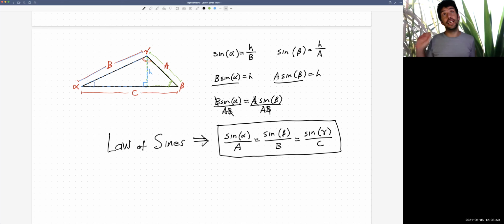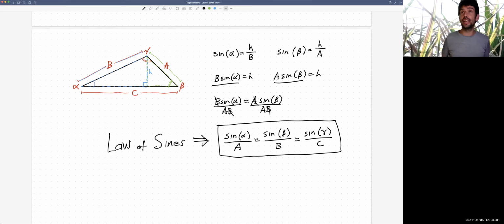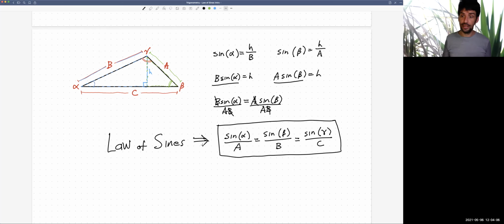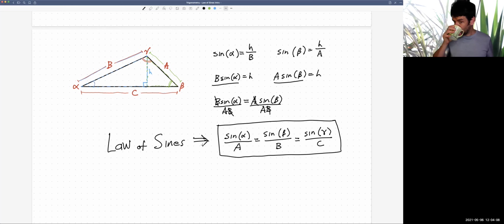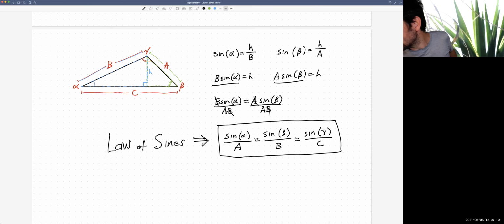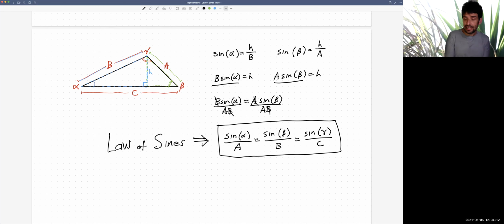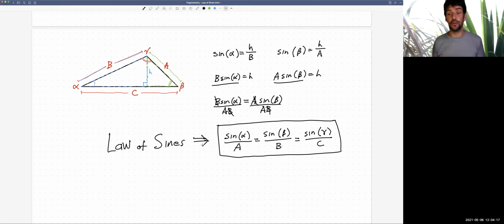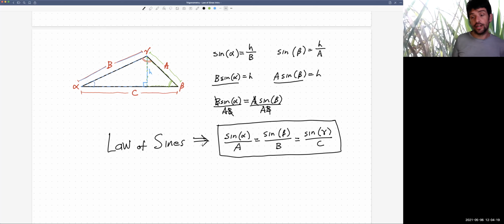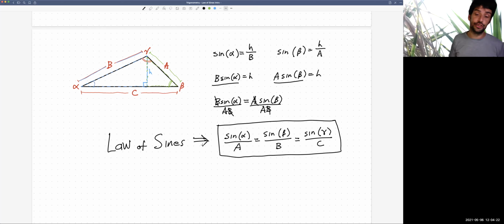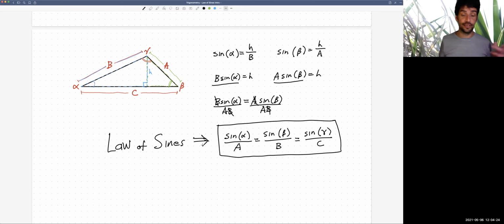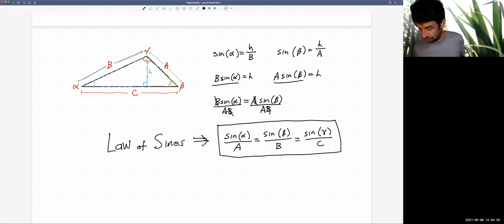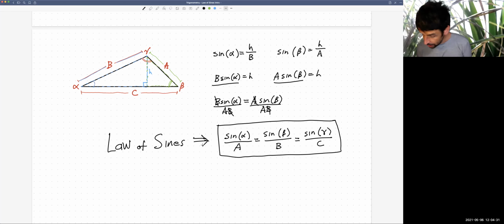So maybe a better way to say it: for any given triangle, the ratio of each angle and the side opposite it is a constant, okay? This is always the case. It even works for right triangles, but in the case of right triangles, we can just use the regular trig functions. They're designed to work really well with those. But when it's not a right triangle, this relationship works very well for helping us solve the triangles, right? And when there are applications, solving it might mean something important.